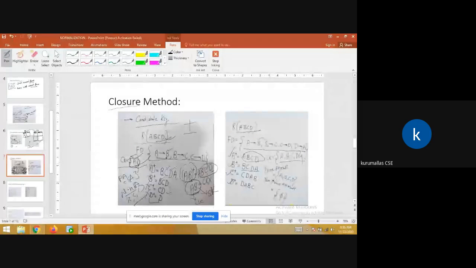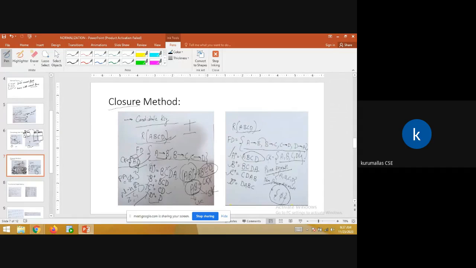So finally, what are the prime attributes? Those are the keys inside the table, and those keys are prime attributes. So the prime attributes are A, B, C, D. What are the non-prime attributes except these four? The original table is A, B, C, D, and all of these are prime attributes. So there are no non-prime attributes.